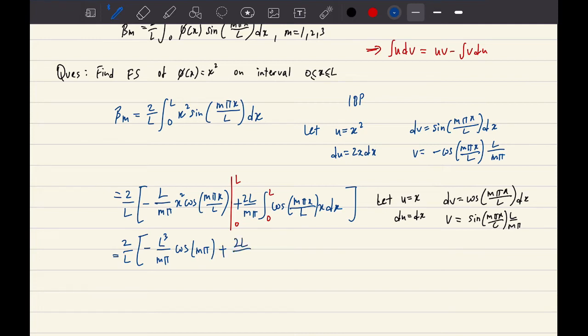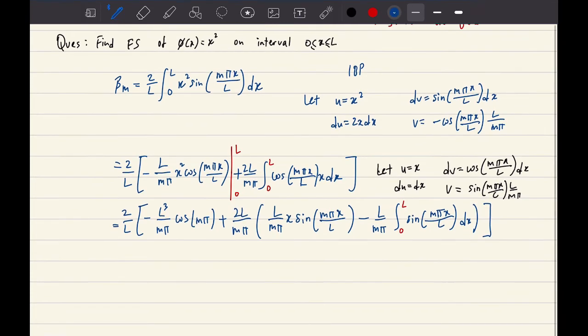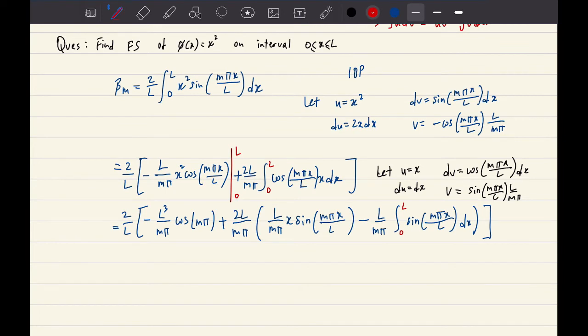So I have 2L on m pi, on the bracket here, uv, that's a lot of writing of sine, minus the integral of v du from L to 0. If you're following, this is just uv minus v du.